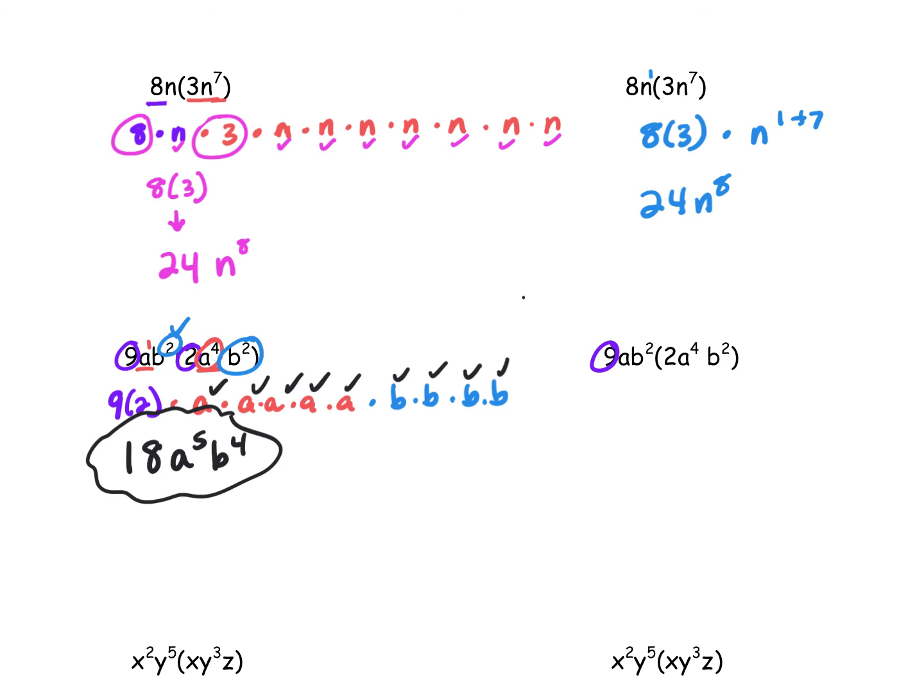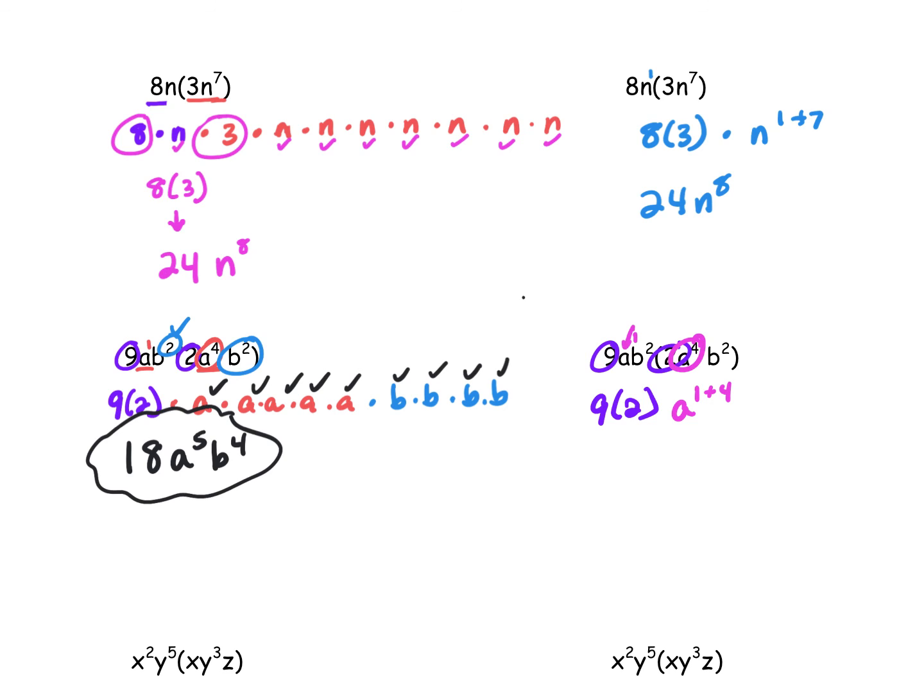We'd still gather up the numbers, okay, the coefficients, and now we're going to be able to use the law. I'm going to work with a, and remember this a by itself is a to the 1st power, and then I see this group of a's, and that's a to the 4th power.